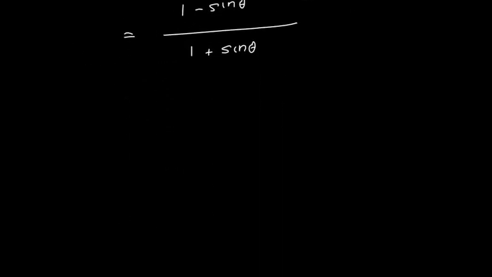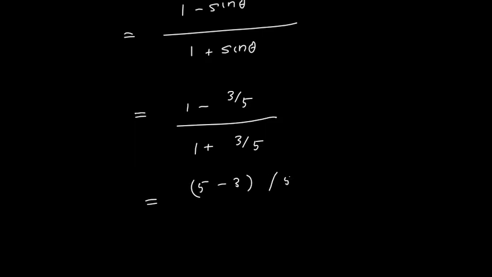Now the value of sin theta is 3 upon 5. So let us put that value. This is equal to 1 minus 3 upon 5 whole divided by 1 plus 3 upon 5. So 1 minus 3 upon 5 will become 5 minus 3 whole divided by 5, divided by 5 plus 3 whole divided by 5.